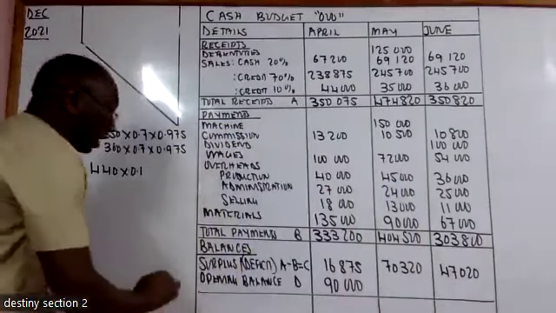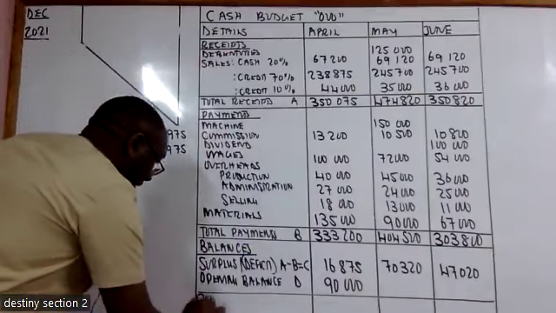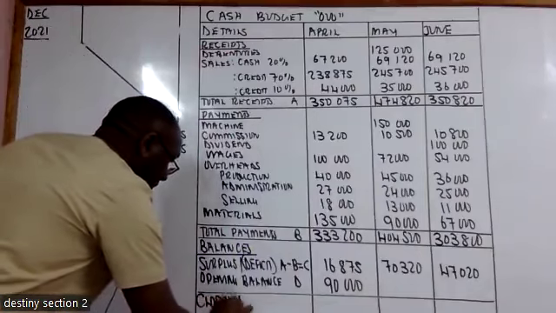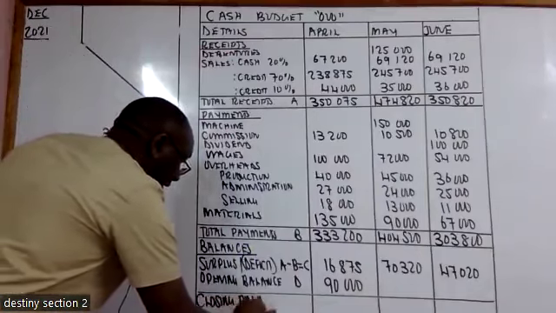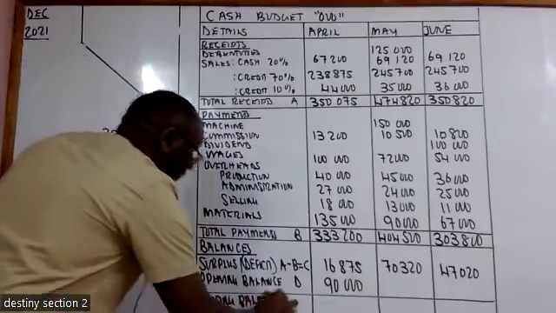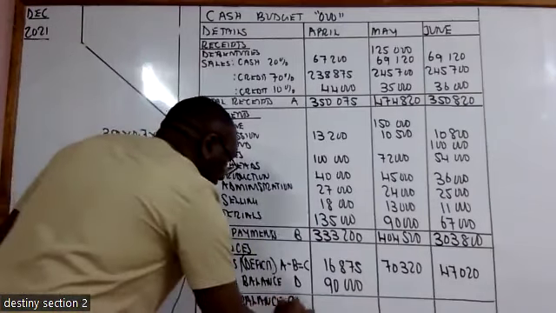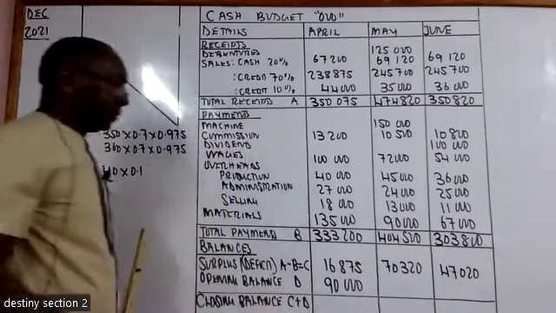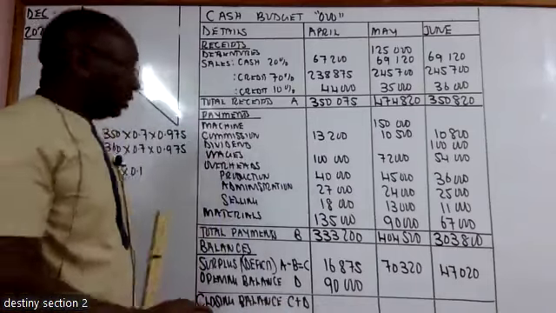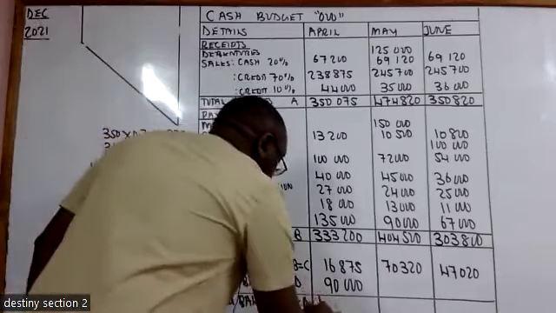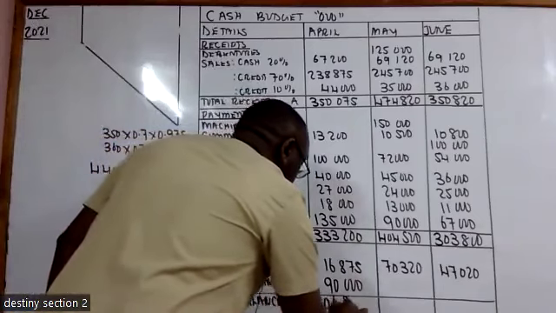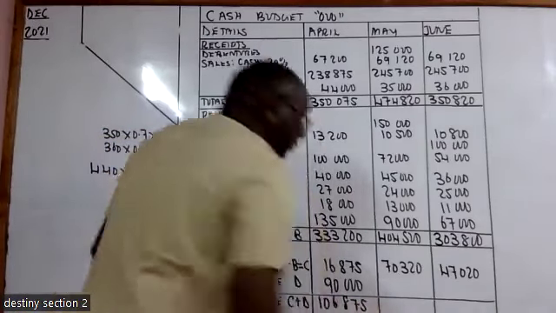So with that, I will have the closing balance, and the closing balance will be C plus D. So this one is 106,875.